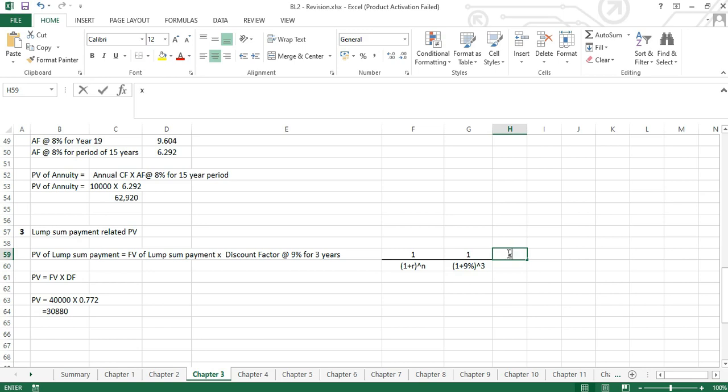And that we basically multiply by 40,000. If you multiply a fraction by a whole number, you know that if there's a number just remaining, that means below it there is only 1. So 40,000 gets multiplied by the numerator, and the denominator gets multiplied with the denominator, which is again 1.09 to the power 3 multiplied by 1, which is the same, 1.09 to the power 3.